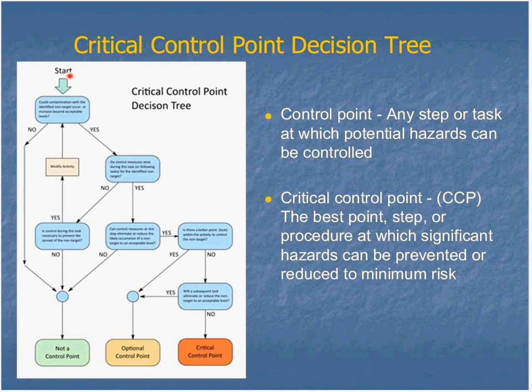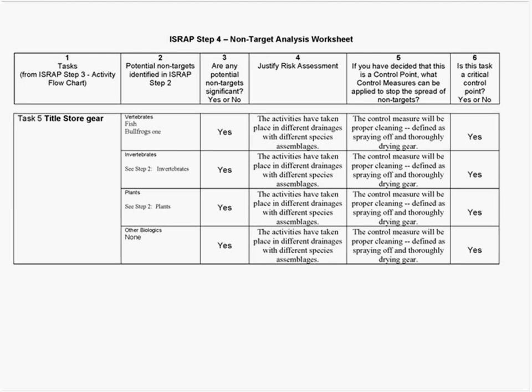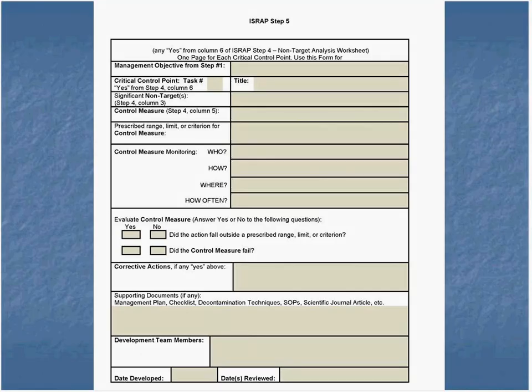I'm not going to go into this in too much detail because of time restraints. So there's her yes column. Now, to determine that she's got a critical control point in this task, she's going to go to step 5. And this form is much more user-friendly than the old HACCP forms, we think.